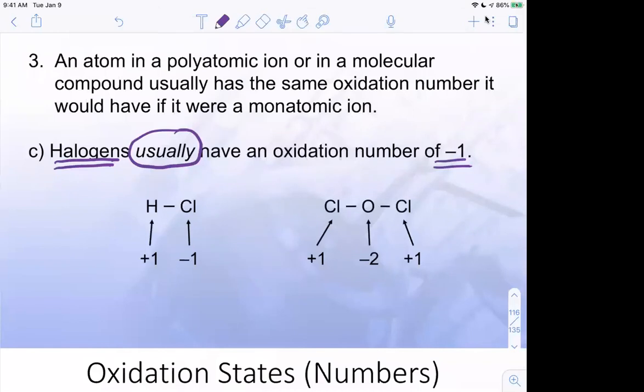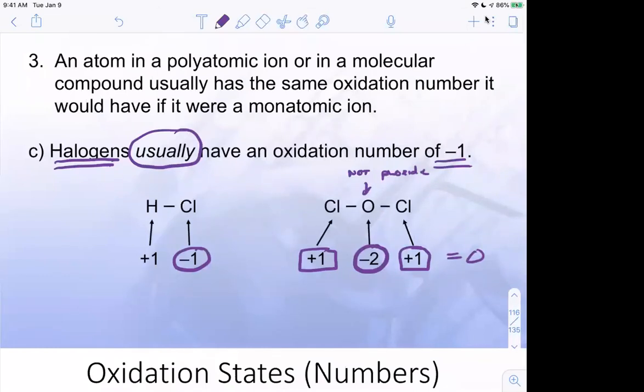In this case, I know that oxygen is a -2. That doesn't change. This is not a peroxide. Because the rule for oxygen comes above the rule for chlorine, I have to understand here that in this OCl2 molecule, my oxidation state for chlorine is not -1, it's +1, because the oxygen has to be a -2.